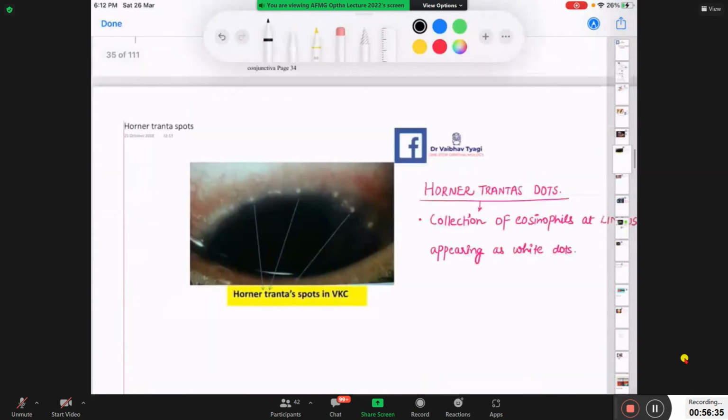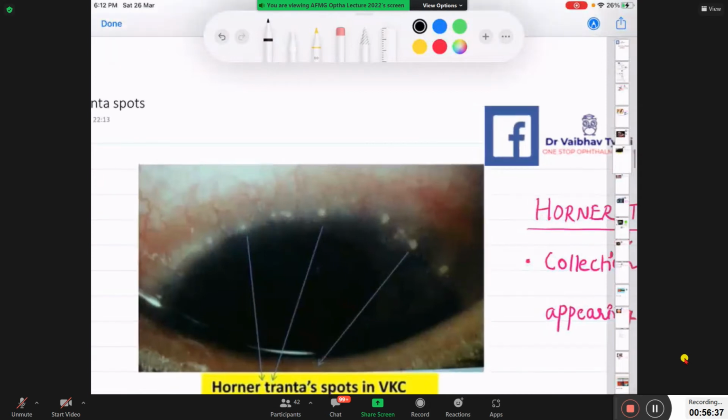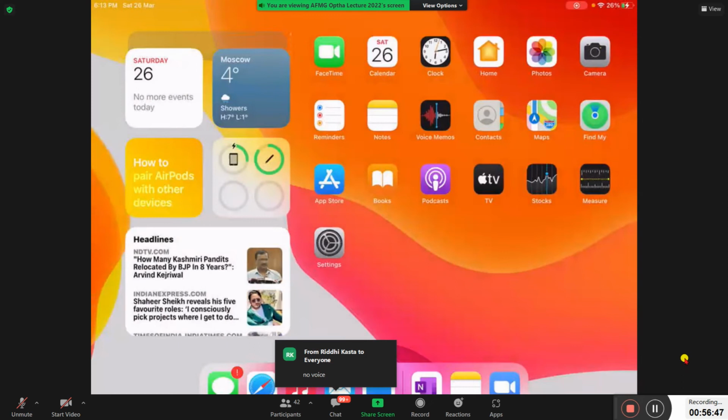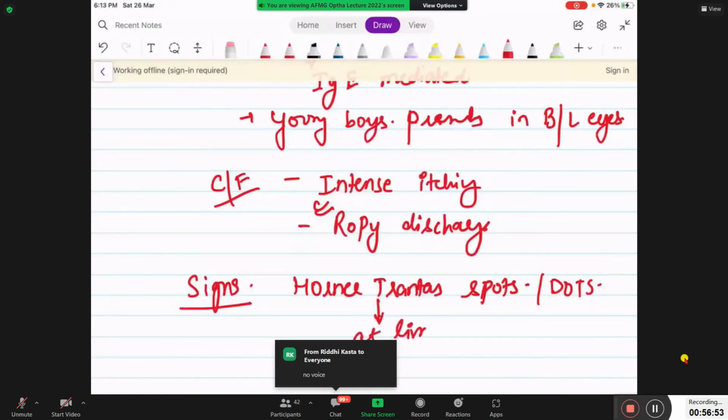Can you appreciate these Horner-Trantas spots in VKC at the limbus? What is the location? They are present at the limbus. So location is also important. Location, limbus.